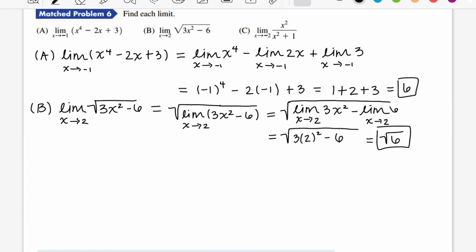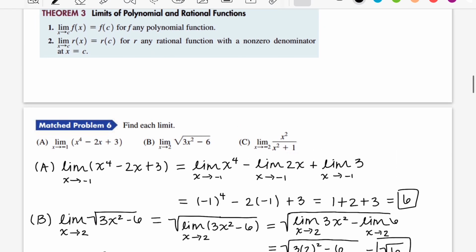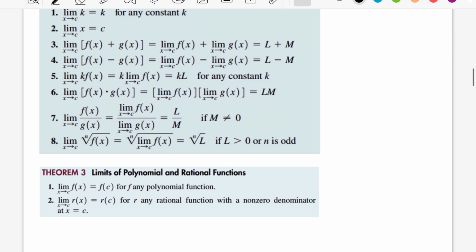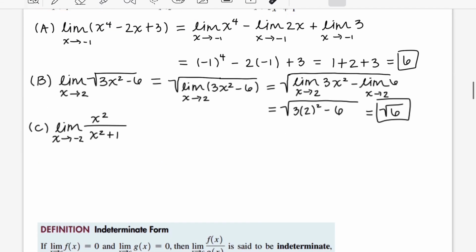All right, and then lastly, we'll try to find the limit of this function here. So we have x squared over x squared plus 1 as x approaches negative 2. And then another property we can use here is property 7. So if we're going to take the limit of this quotient here, we can just take the quotient of each individual limit.